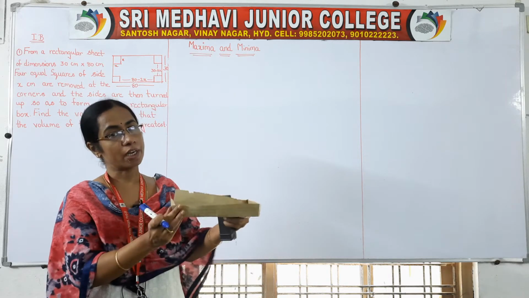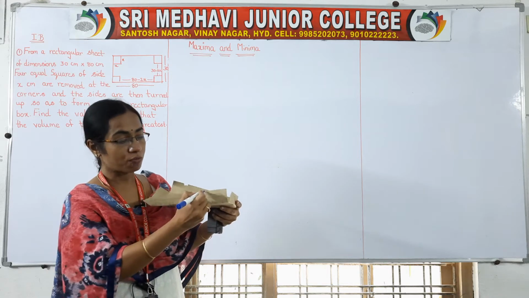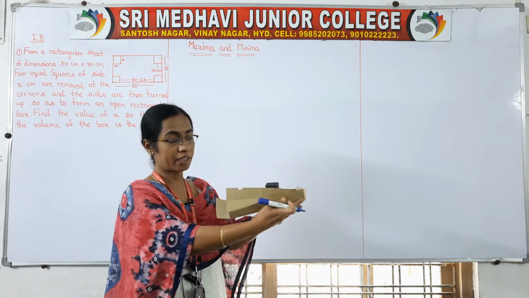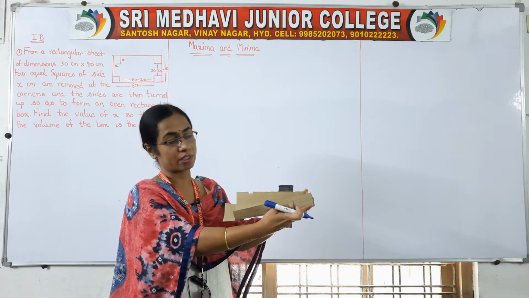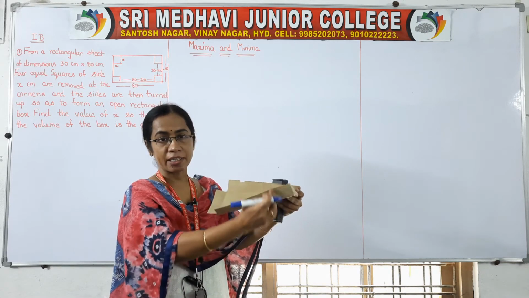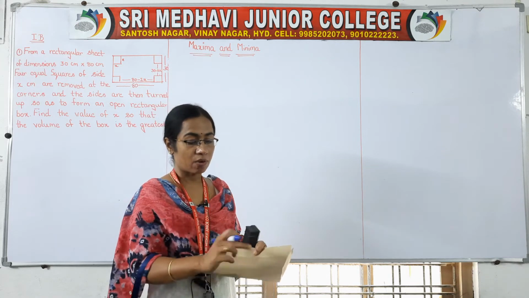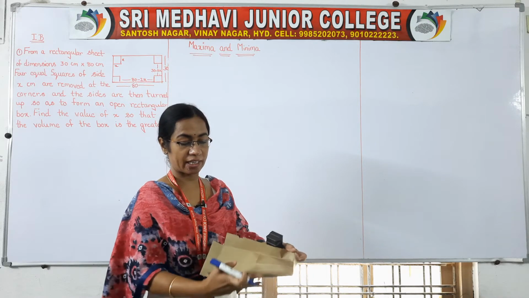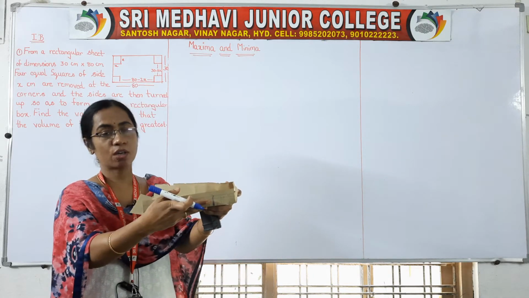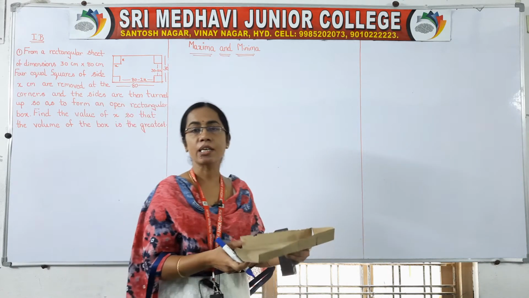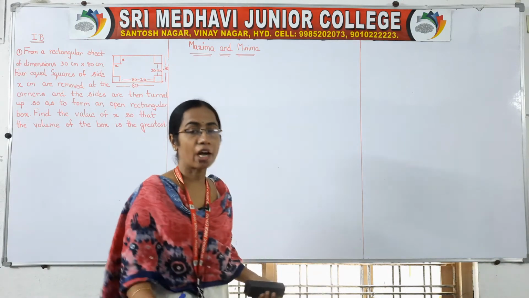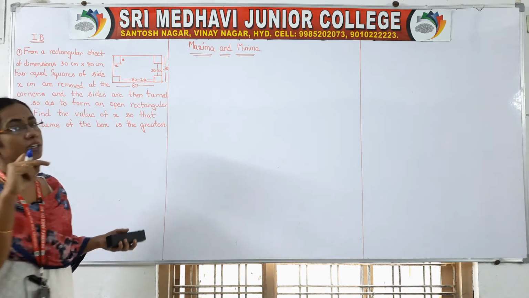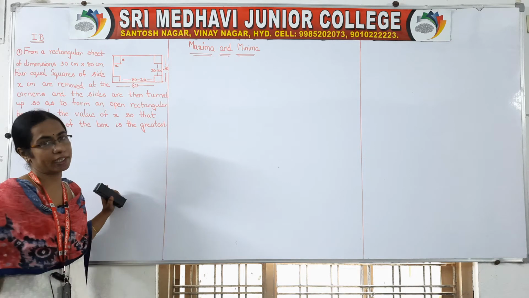You will form one rectangular box of height x. Here we have taken x, so the height of the rectangular box is x, here also x. So we are folding like this. So what is the height of your rectangular box? That is x. Now we have to find at what point this rectangular box volume is greatest.